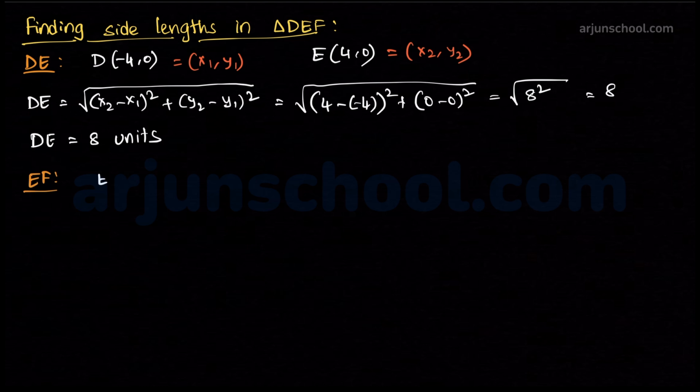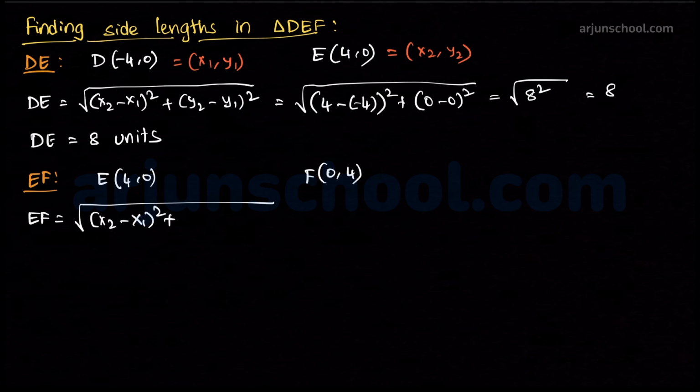Now let us find the length of the side EF, which is the distance from vertex E to vertex F. Root over (x2 minus x1) whole square plus (y2 minus y1) whole square. Vertex E is point (x1, y1) and vertex F is point (x2, y2).